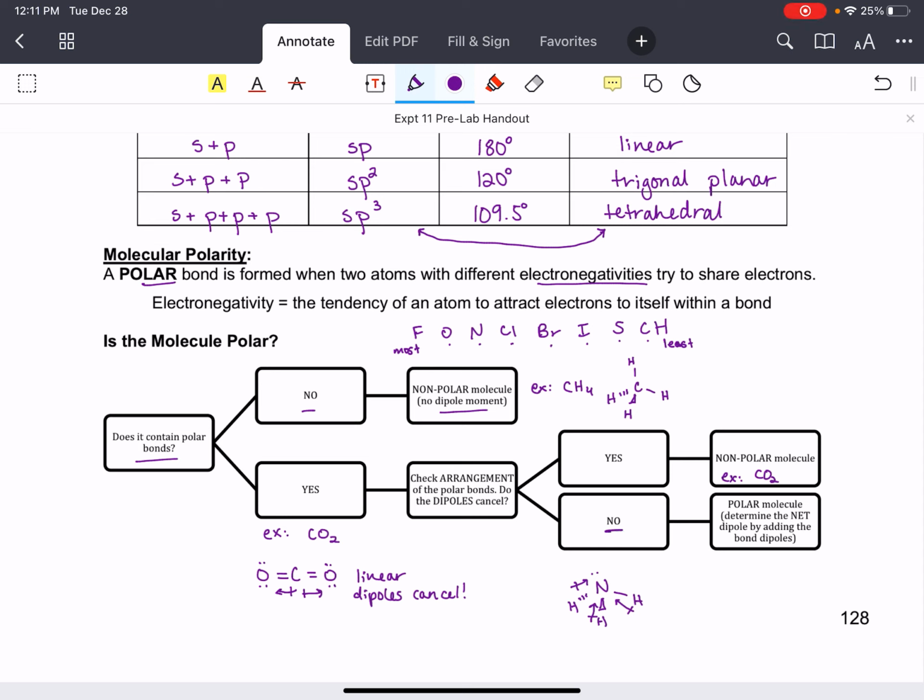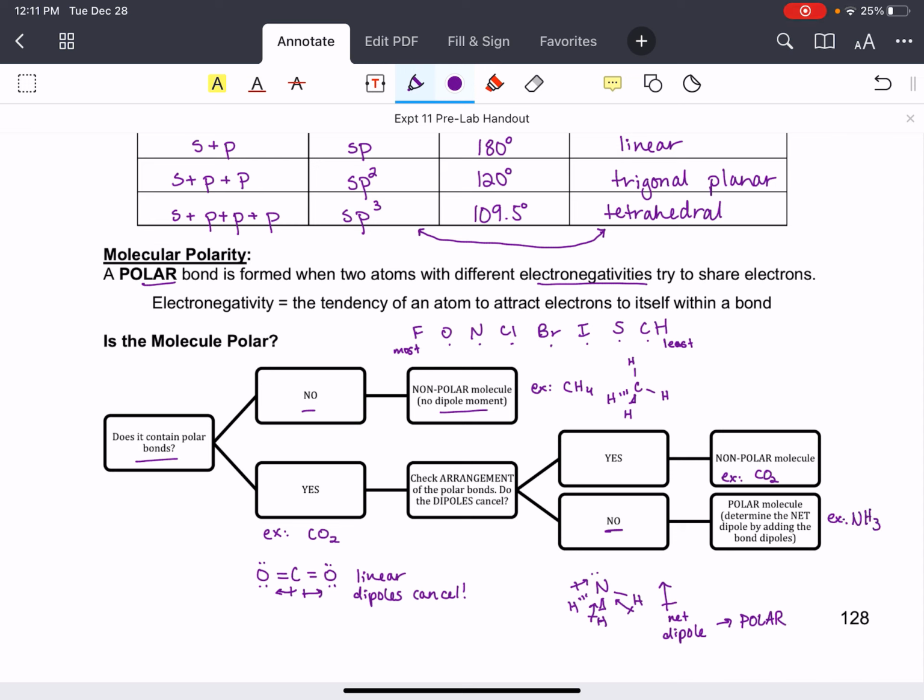No, because there's no arrow that's also pointing down. And so the dipoles don't cancel, and our arrows add to overall up, pointing at our nitrogen atom. So the net dipole is here, and the molecule is polar. So an example of this would be NH3.